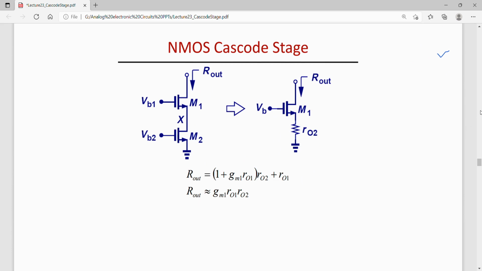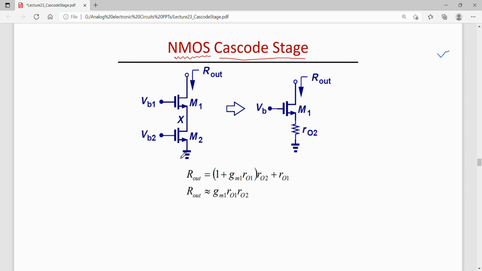Now so far we have talked about the cascode using BJT only. Now the same cascode can also be implemented if I use a field effect transistor. So for example, an NMOS cascode stage has been shown over here. This is a similar circuit. The circuit is the same, only the devices, that is these transistors, are replaced. So instead of BJT, now I'm using a MOSFET.